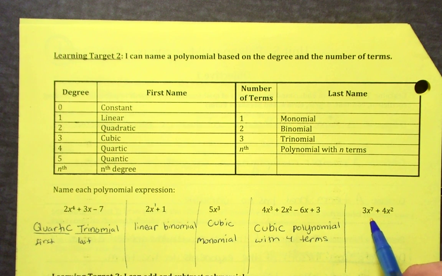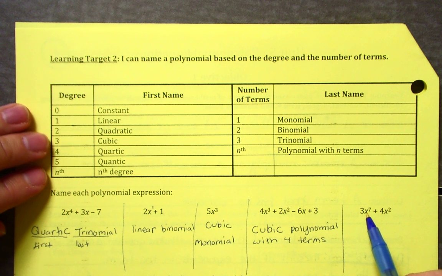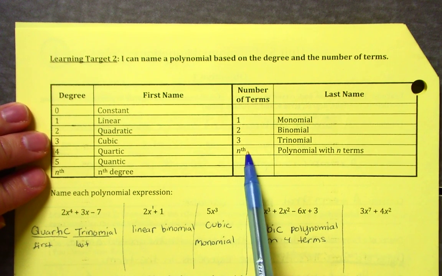This last one, the term with the highest degree is right here because the degree of this term is 7 and the degree of this term is 2, which means 7 is bigger than 2. So the term with the biggest degree is this, and the degree of that is 7, which means this is a 7th degree polynomial. So, just like over here, anything higher than 3 doesn't have a special name.